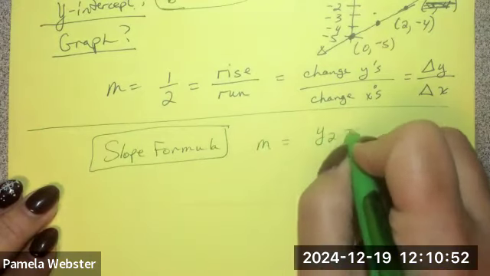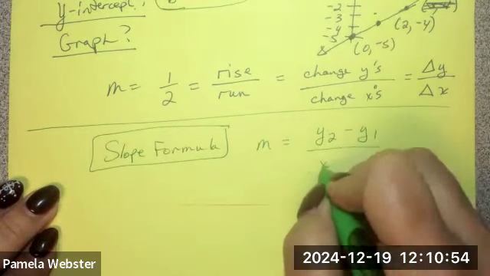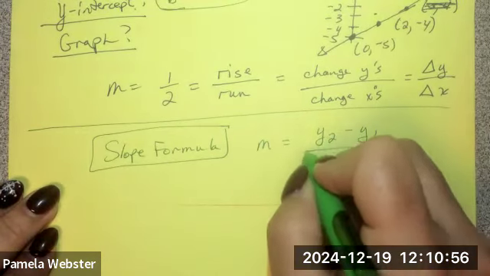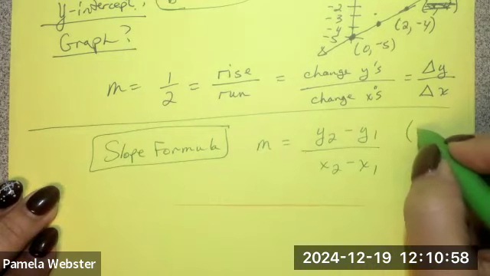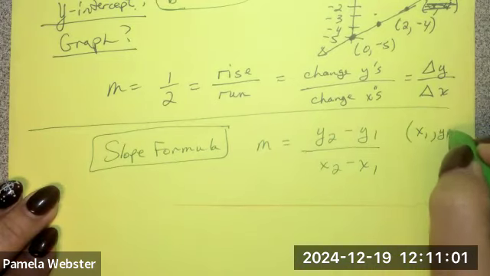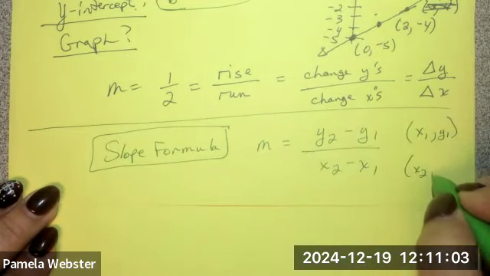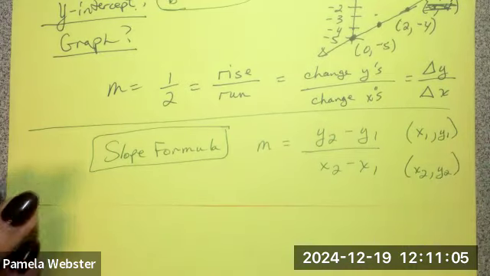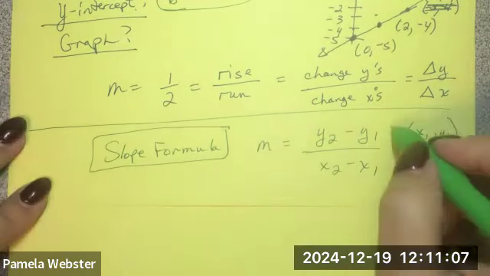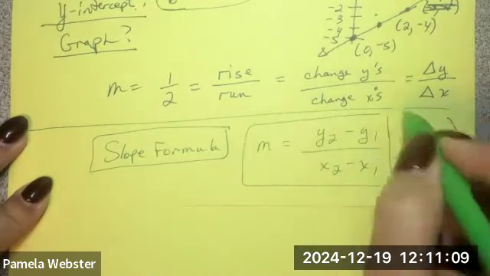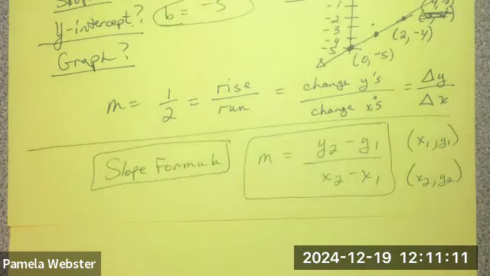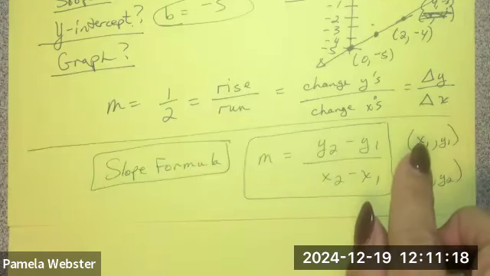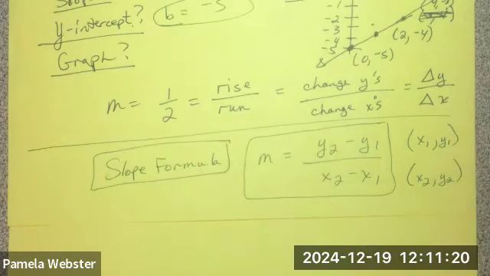M equals y2 minus y1 over x2 minus x1, where you're going to have some points, x1, y1, and x2, y2. And it doesn't matter which of your points you call the first guy and which of your points you call the second guy, but the ones stay in the same point and the twos stay in the same point. So if this is my first x, then this is my first y. Okay, so hopefully that makes sense.